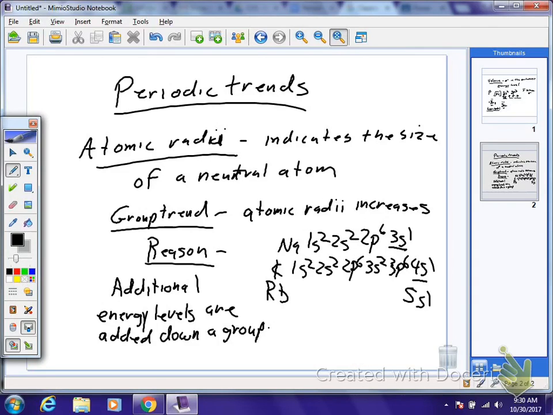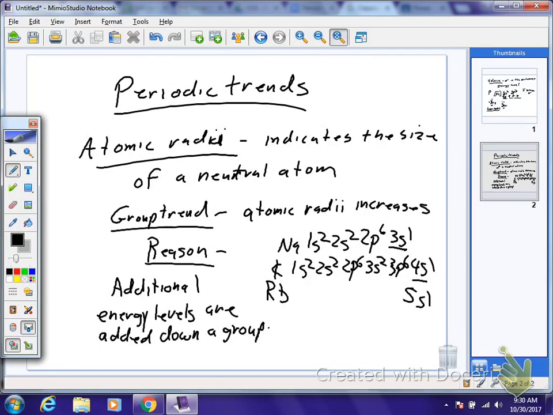If you go from 2s2 to 2p6, you're adding a sublevel. So what's important is you're adding a level each time as you go down a group. And then you go, oh yeah, that makes sense, because adding a level means it's further from the nucleus. So sometimes if you know more specifics about your reasoning, it'll help you say either yes, that makes sense, or no, that doesn't make sense.